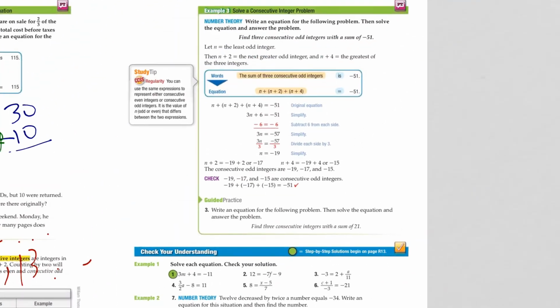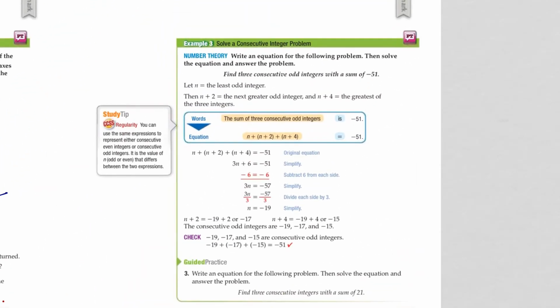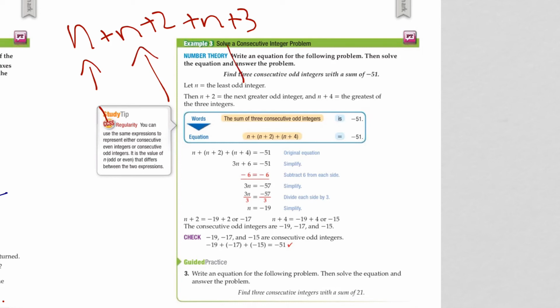That's what I'm going to use. We're going to let n be the first one, n plus 2 be the second one, and n plus 4 be the third one, because I needed 1, 2, 3. It says 3 right here, consecutive odd.